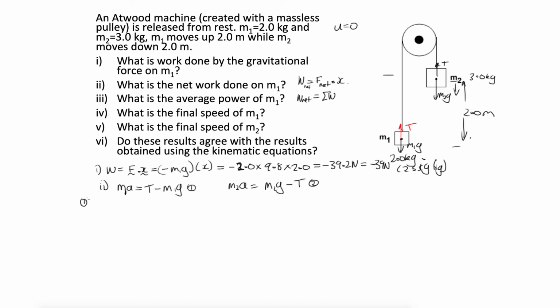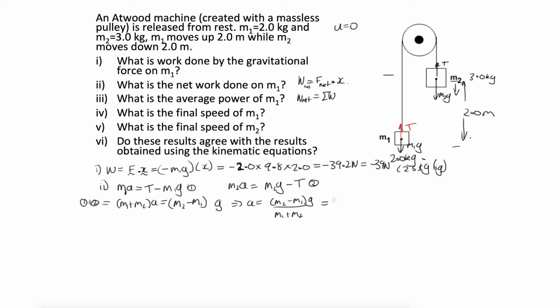Let's sum them together, 1 plus 2, and that gives us M1A plus M2A. So that's M1 plus M2 times A is equal to, now we've got a positive tension here and a negative tension there. So when we sum these they will cancel out, and we'll have M2 minus M1 times G. So this tells us that the acceleration is equal to M2 minus M1 times G over M1 plus M2.